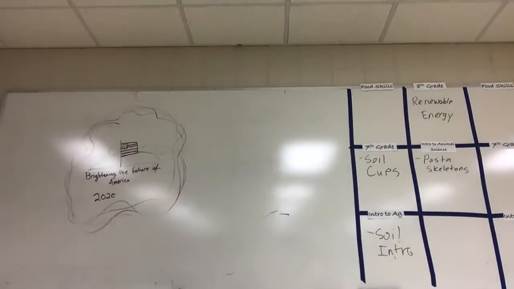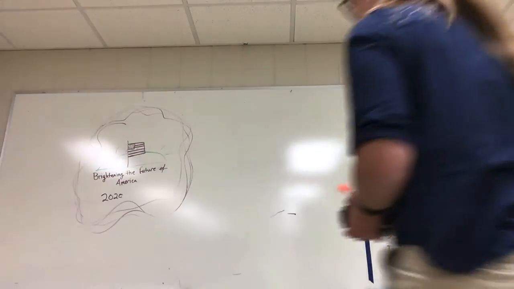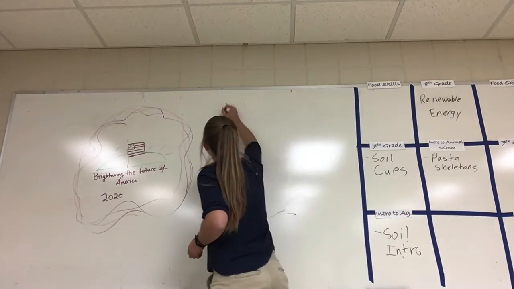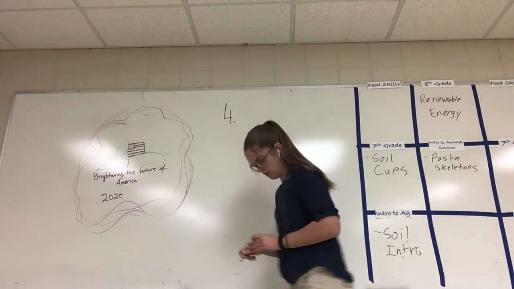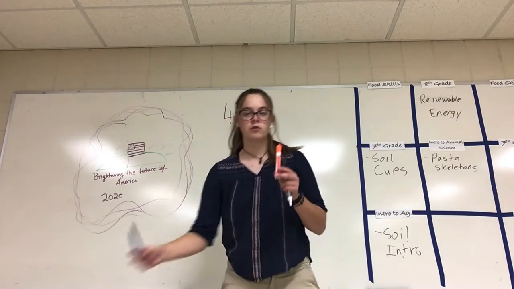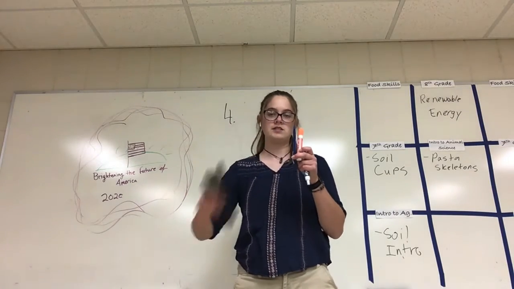So come with me. We're going on an adventure. So, 4 is going to be right here. And we have 3 items. We have a marker, a pen, and a stapler.